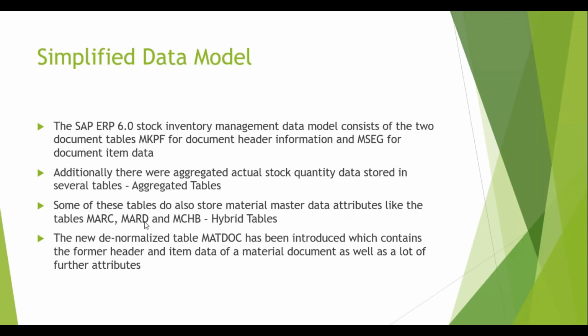I have given you the example of MARD. It is not only storing the totals, it is also storing the master data attributes of the material. The tables which hold both the master data information and the aggregates are normally called hybrid tables because they consist of master data as well as transactional data. The tables which only hold the totals are called aggregated tables.